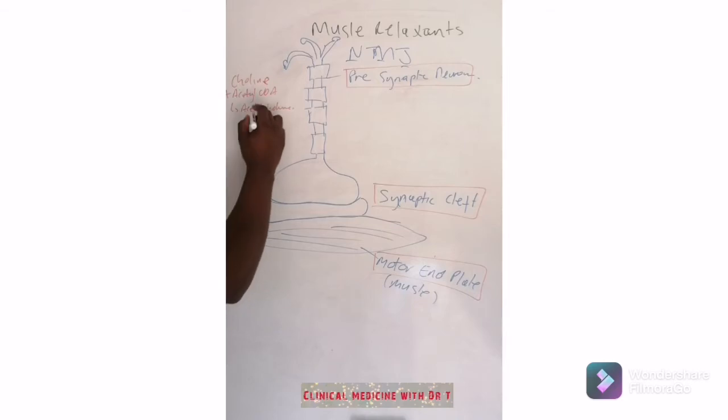This is made possible by an enzyme called choline acetyltransferase. Not very important, but it's nice to know. So when choline enters here, it's combined with acetyl-CoA to form acetylcholine.